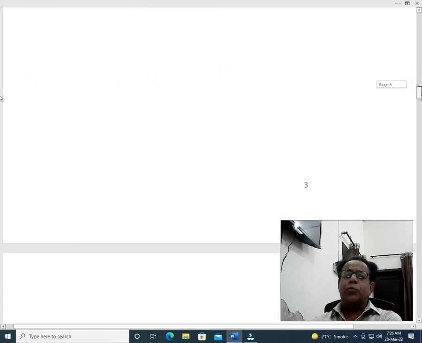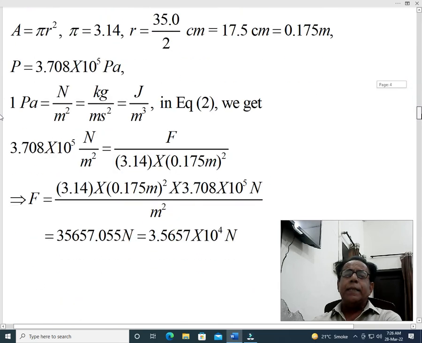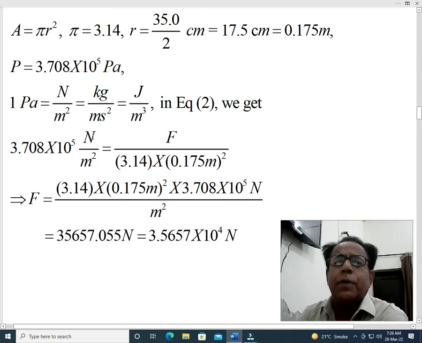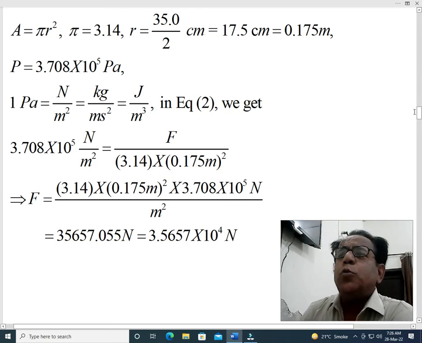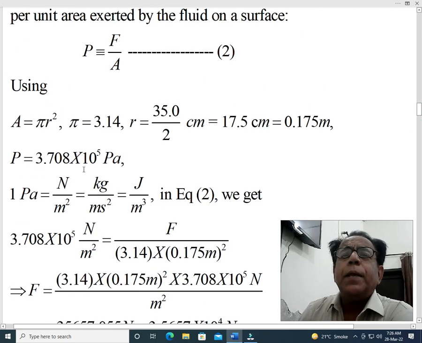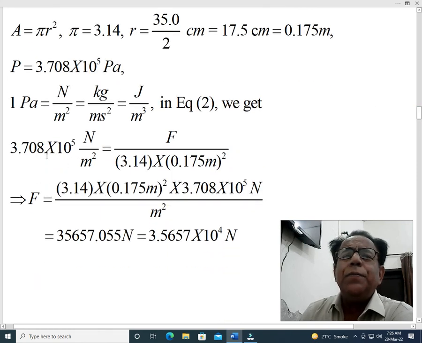3.708 into 10 raised to the power 5 Newton per meter square. So, putting all these values, moreover this conversion factor will also be used. What we have done is simply put in the values. From here force will be kept on one side and this will be multiplied with this.